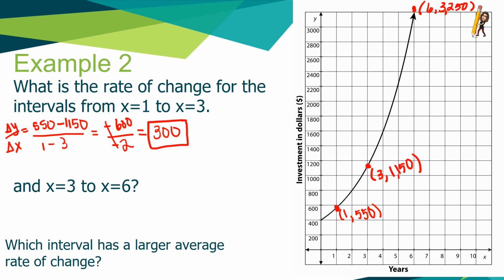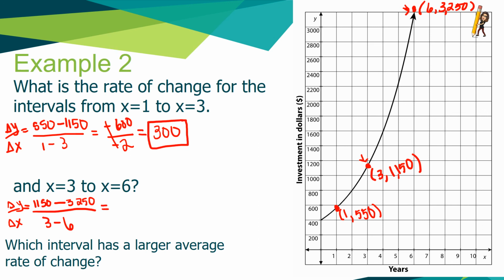And now we have to find the change in y over the change in x. We identified our starting point and our ending point for this number 2. So the change in y would be 1,150 minus 3,250 all over my change in x, which is 3 minus 6.